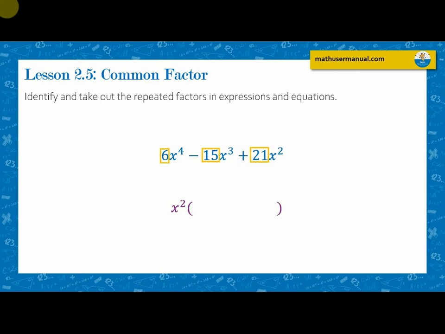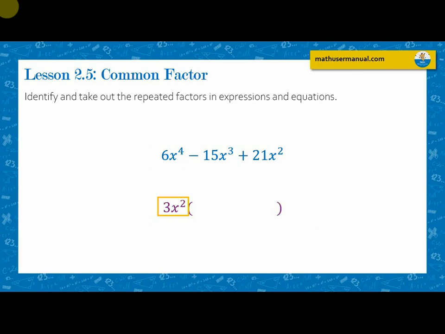Well, we cannot divide everything by 6, 15, or 21, but we need to find the number we can divide all of them by. And in this case, 6 is divisible by 3, 15 is divisible by 3, 21 is divisible by 3. So we can take a 3 out of each of them. So our common factor is 3x squared, and that goes outside of the parentheses.